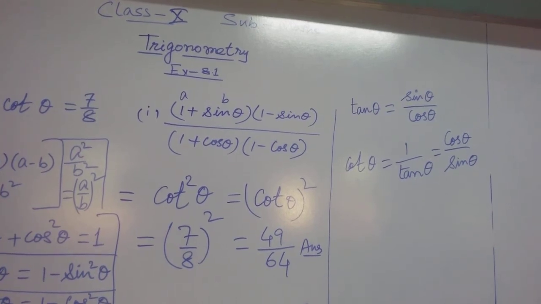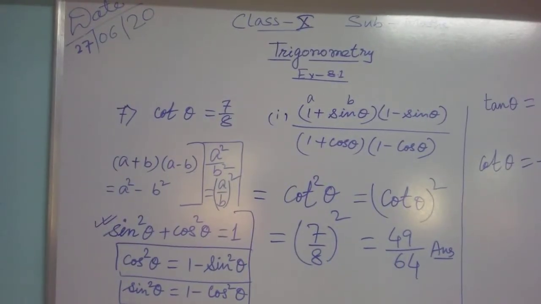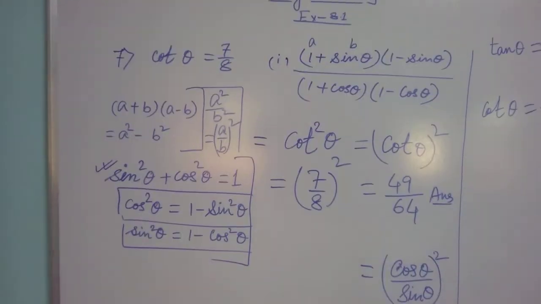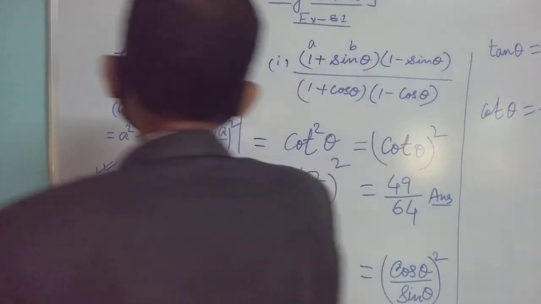So next one. Number 8. 3 cot A is equal to 4.